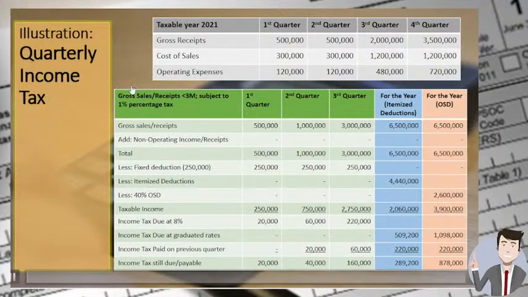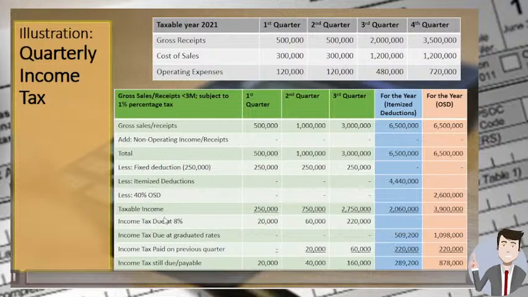Gross sales or receipts, add non-operating income or receipts, then total. Then we have your fixed deduction if you opted to select 8%, then we have itemized deduction, and we have OSD. Then for taxable income, your total less the applicable deductions, choose only whichever is applicable, then we can arrive at your taxable income.